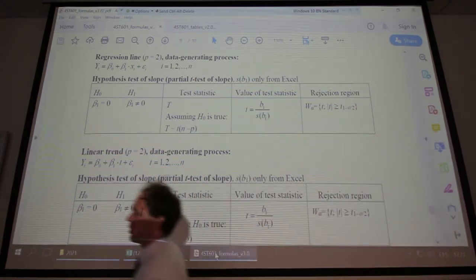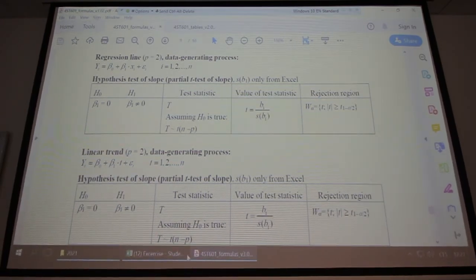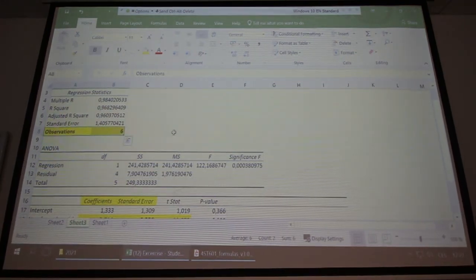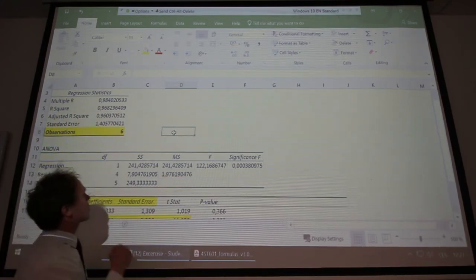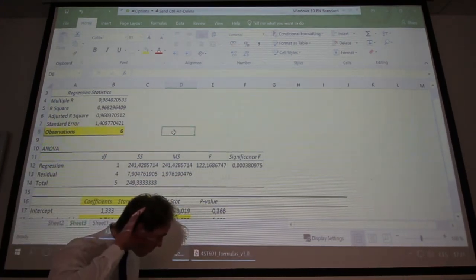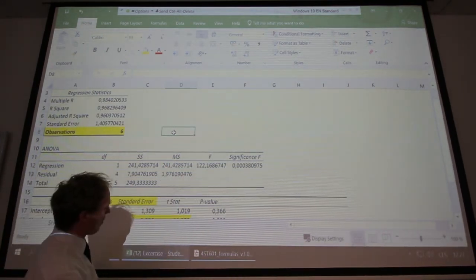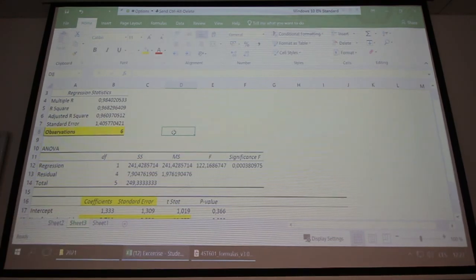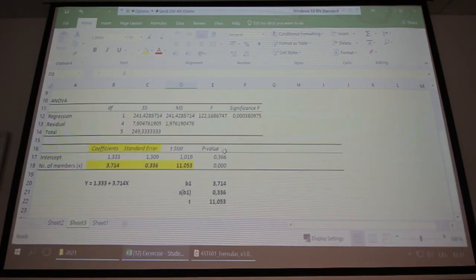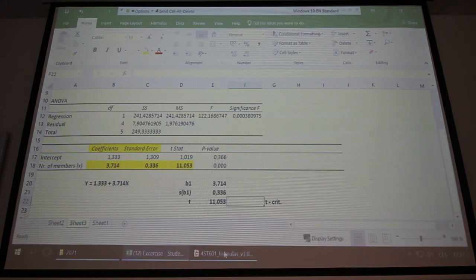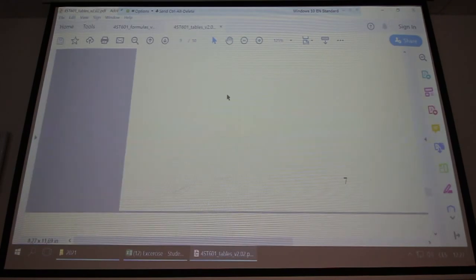How many observations do we have? Please check this. 6. So 6 minus 2 is equal to 4. So we will find 4 degrees of freedom, Student t distribution, and this is the t value, and there will be t critical. In tables there is also the Fisher distribution.